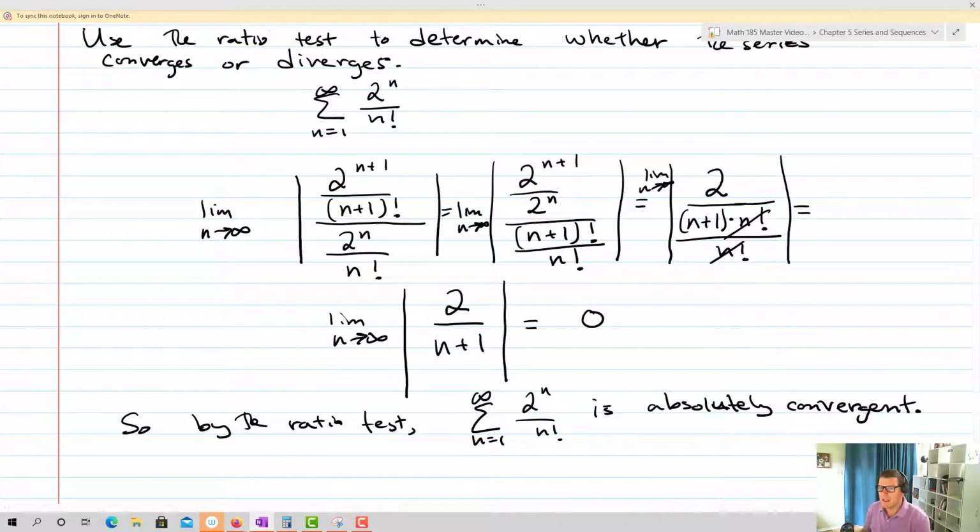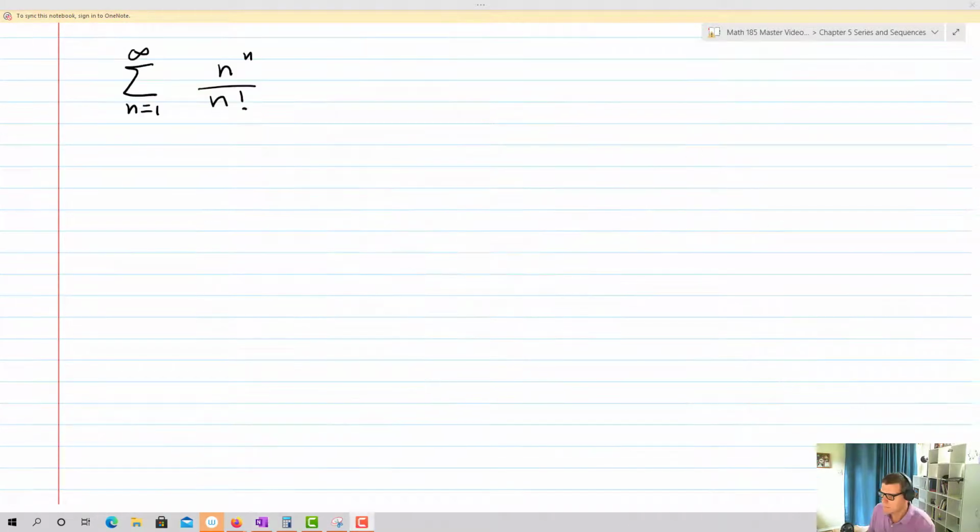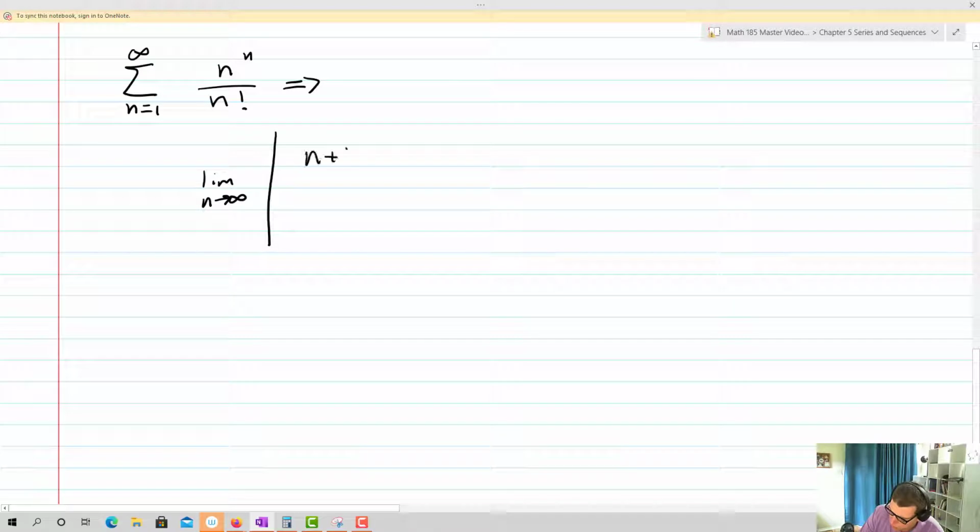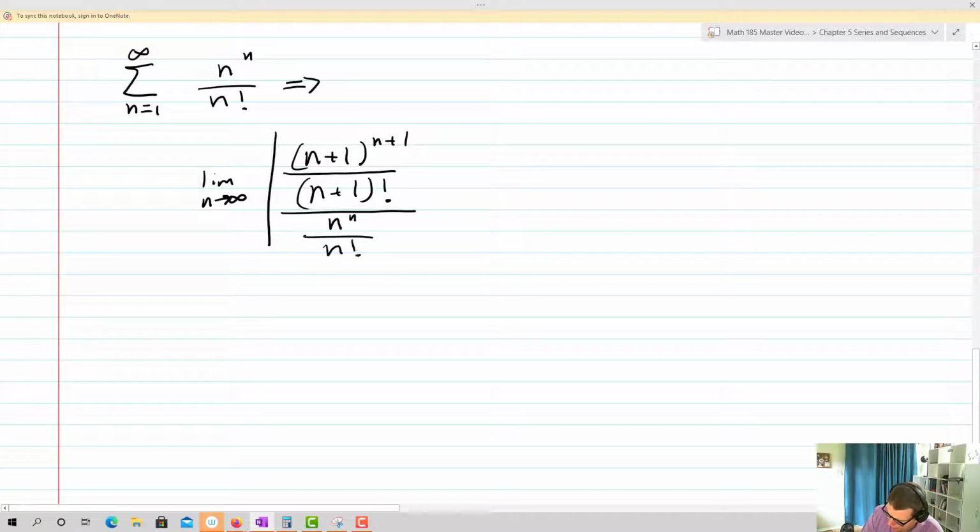Let's take a look at another example: the sum from n equals 1 to infinity of n to the n over n factorial. What we'll do is take the limit as n goes to infinity of n plus 1 to the n plus 1, divided by n plus 1 factorial, divided by n to the n over n factorial.